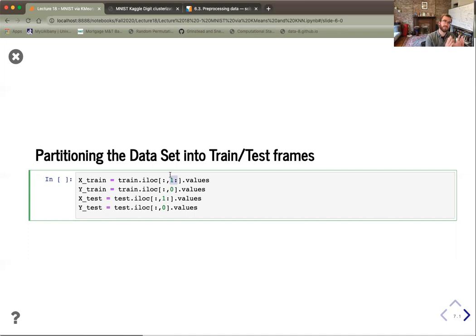But remember, you can always do these sorts of interactive locator and slicing in order to access these elements. So we've brought this into memory, and I had already pulled out my train and test data sets, loaded as CSV files, and now here I'm separating out the independent variables, those are feature vectors, and the dependent, which in this case is our class label.